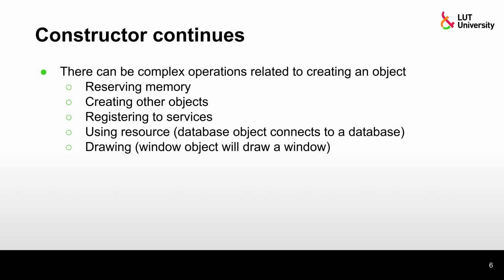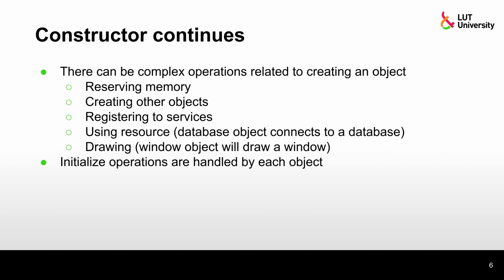And if you have a window object in your desktop operating system, in Windows, Mac OS, or in GNOME or KDE, then there is a window object that will want to draw the window. It might be a job for the constructor.